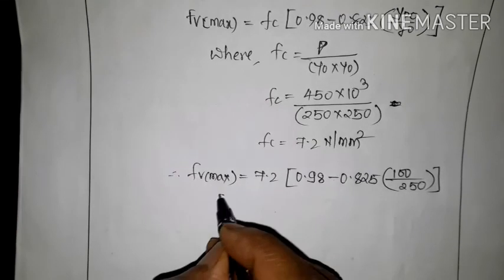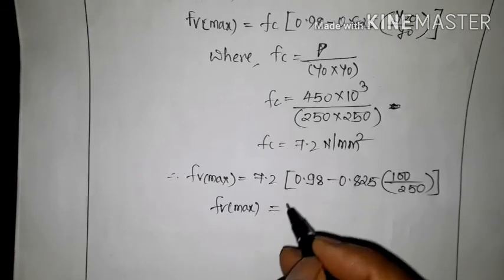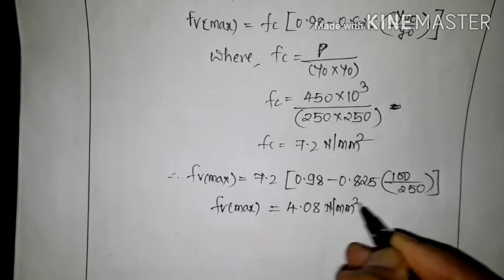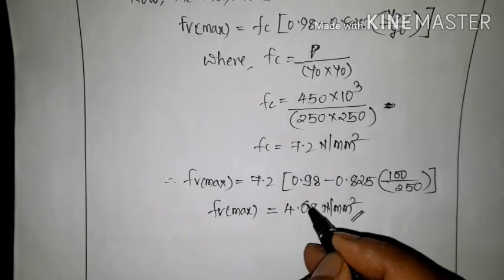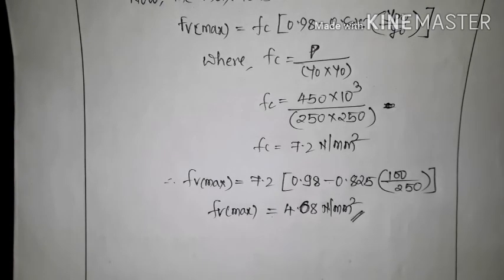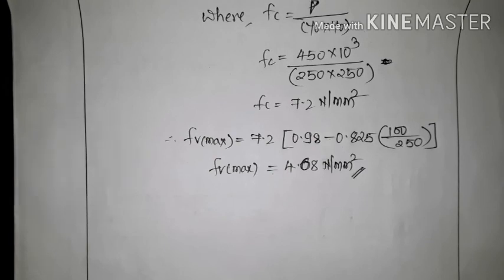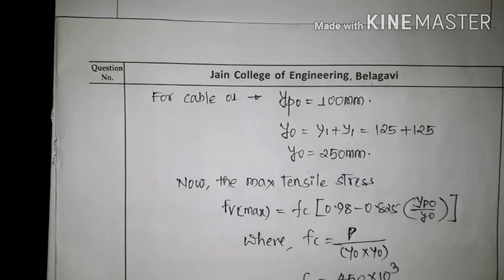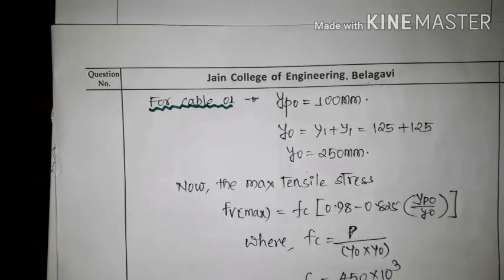So we'll get this value as 4.68 Newton per mm square. Now for cable 2, so we have calculated for cable 1.